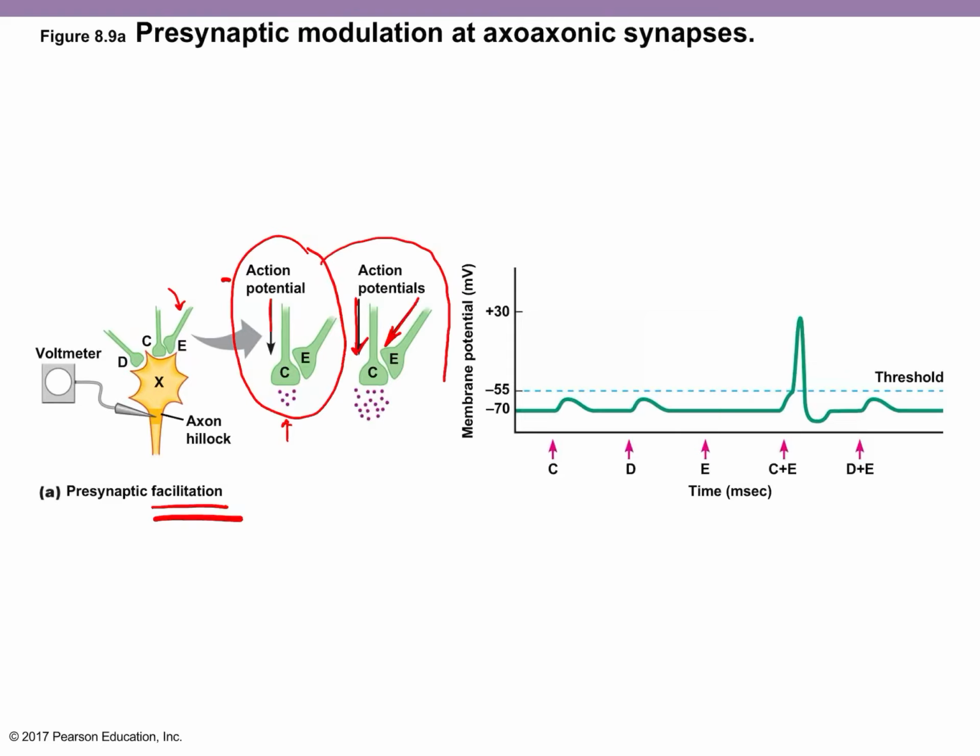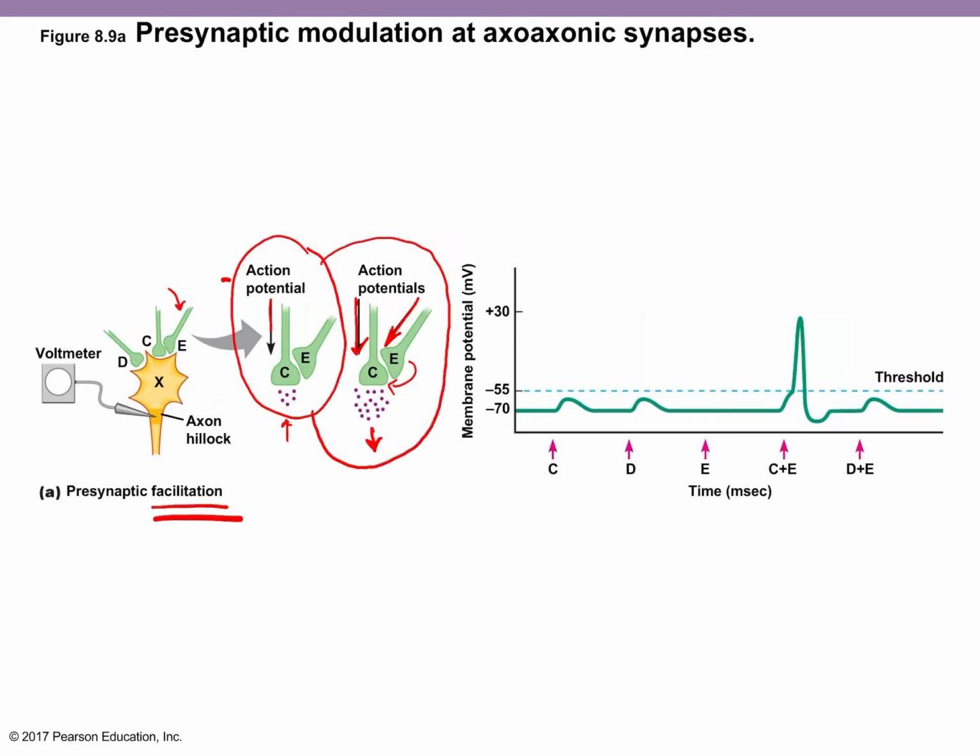But if this is a presynaptic facilitation event, then E is going to communicate with C and create a lot more neurotransmitter, or the exocytosis of neurotransmitter is going to be much, much greater. So we're going to have an enhanced excitatory or inhibitory signal, because you're going to modulate with a greater amount of neurotransmitter.